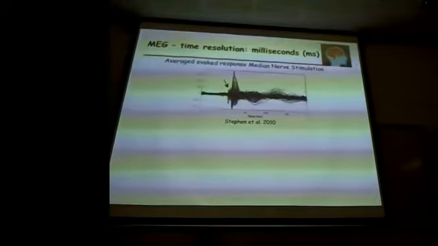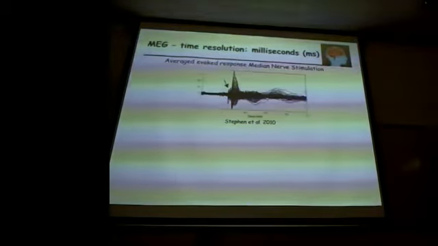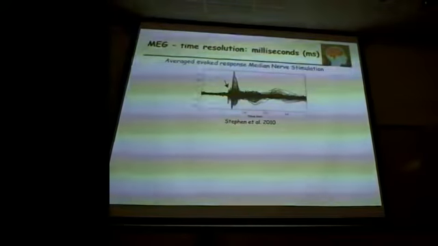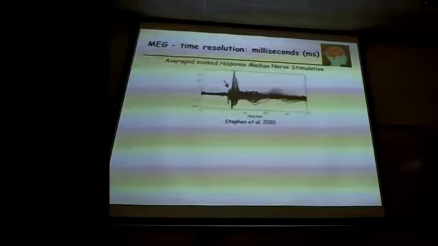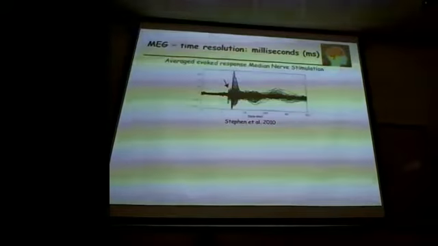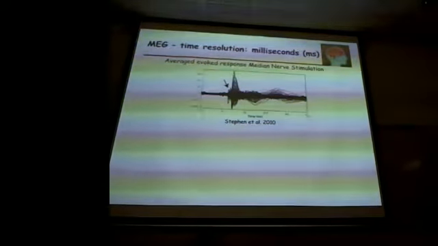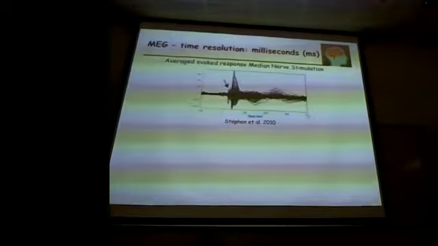You can't see the spatial information in this plot, but what you can see very nicely is the timing. So time 0 is when you present the stimulus, and over here is essentially the baseline, right? What is the baseline brain activity? And anything above that baseline, we assume is related to responding to the stimulus that you're presented with.